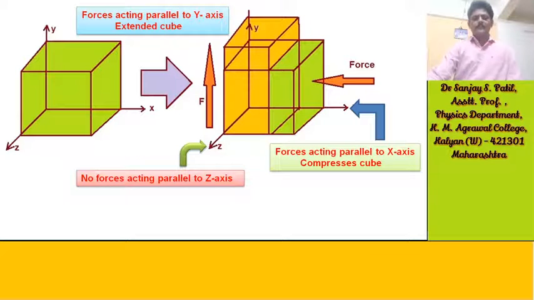See, this is a cube of unit length, suppose L. After the application of force along x direction in this manner, forces acting parallel to x axis compress this cube along x direction. While there are no forces acting parallel to z axis, so there is no change at all along z axis.